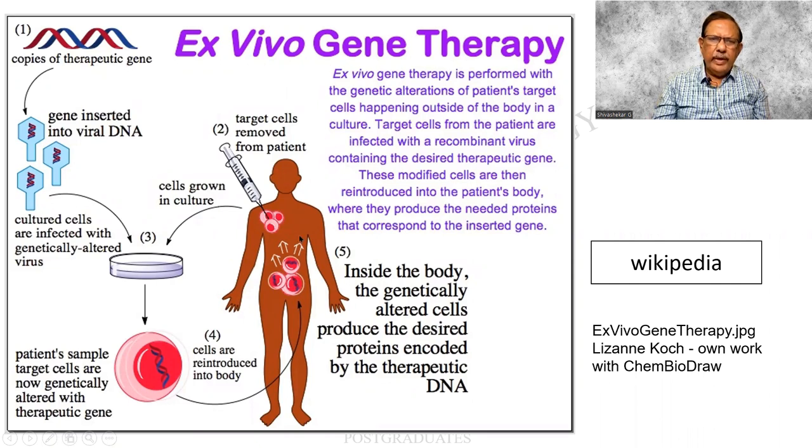At the same time, target cells are removed from the patient and the cells are grown in culture. So the viral DNA as well as the host cells are grown in culture. And after which you find that there is an alteration in the genetic sequence of the patient.